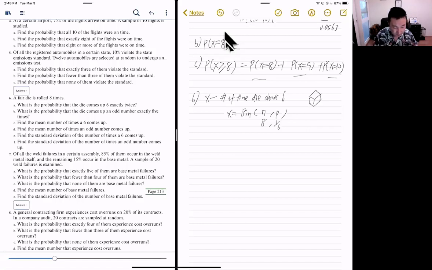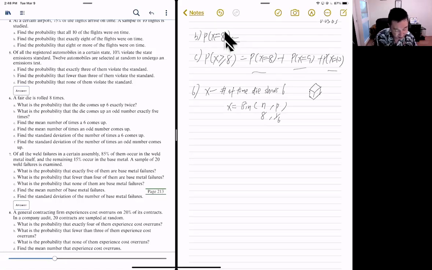Then part A, what is the probability the die comes up 6 exactly twice? So part A will be asking P(x) equal to 2. So X follows binomial(8, 1/6). So P(x) equal to 2.